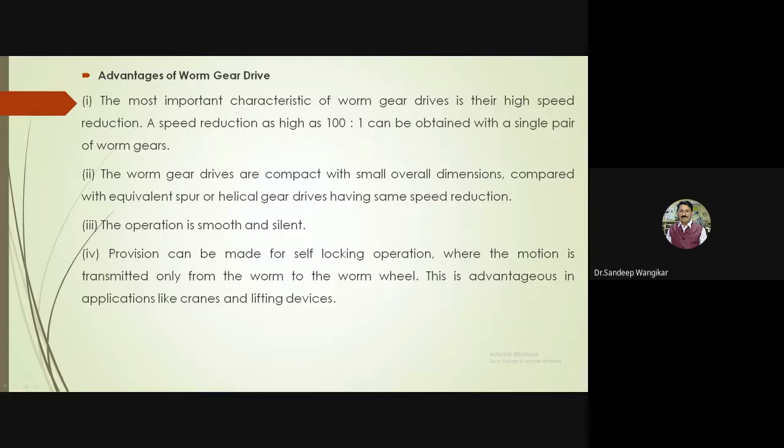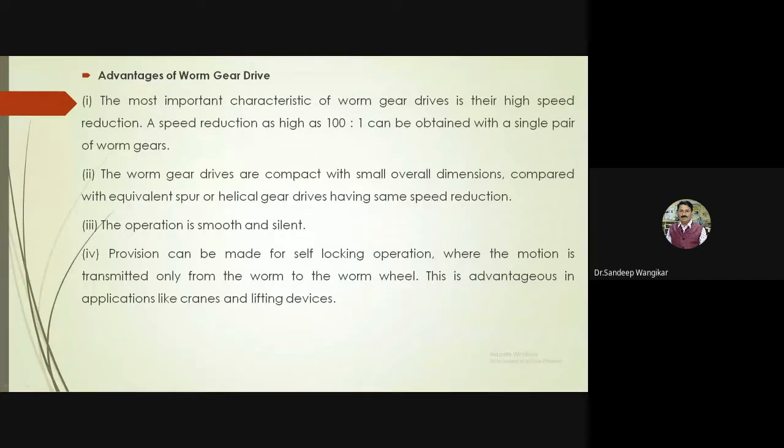I have to go for a multi-stage gearbox. But within a single stage, the worm can transmit 100 to 1. So the size of the worm gear is compact, with overall dimensions lesser as compared to spur and helical gears of the same power transmission and speed reduction. So this is the second advantage.